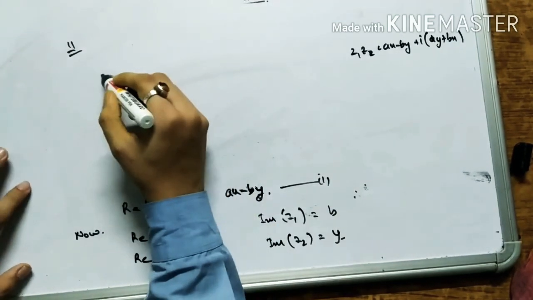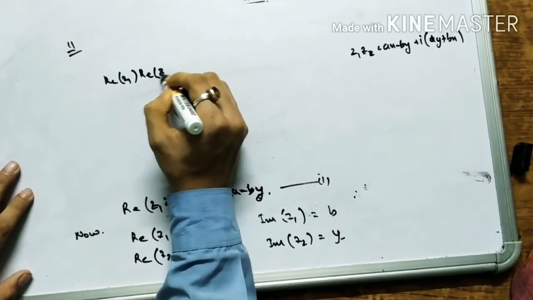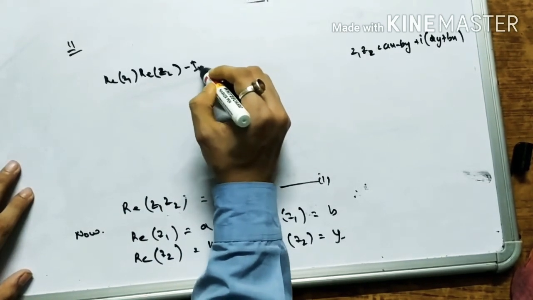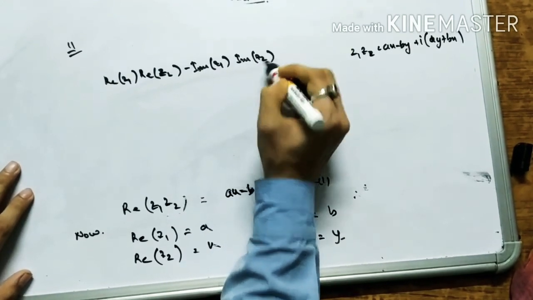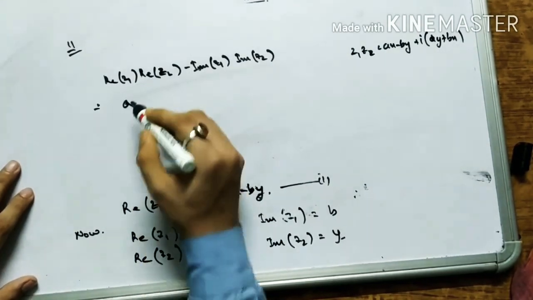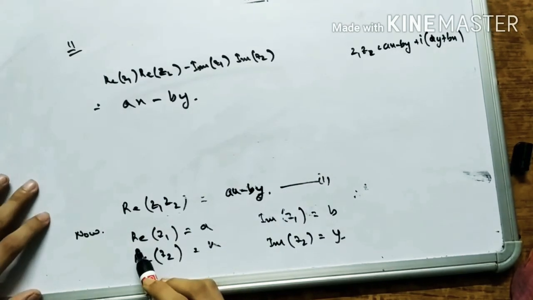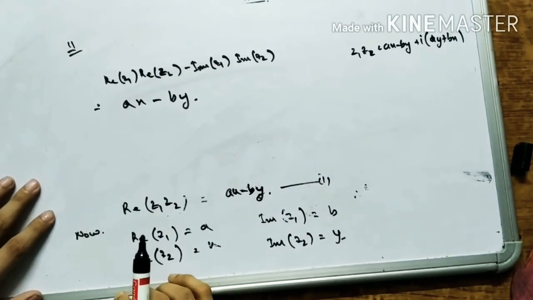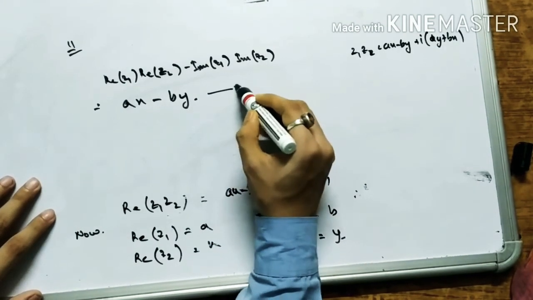Now I will take Re z1 Re z2 minus Im z1 Im z2. Re z1 is a, Re z2 is x, minus b times y. So ax minus by. This is equation number 2.